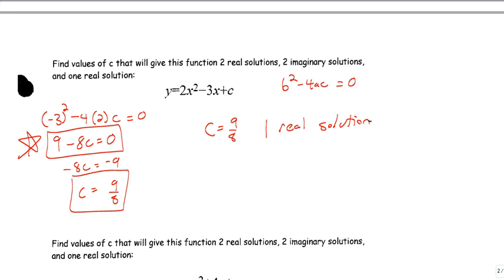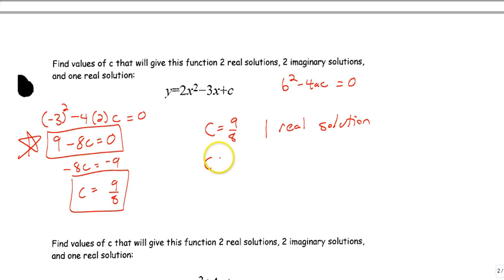Now you have to think about it the other ways. Let's make c bigger than 9/8. Let's say c is 3. Okay, let's just say c is 3 for example. If you plug 3 in for c here, the discriminant becomes 9 minus 24, which is negative.